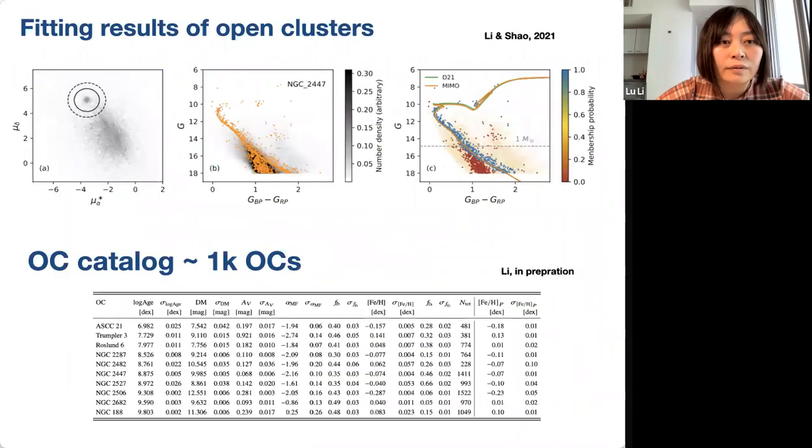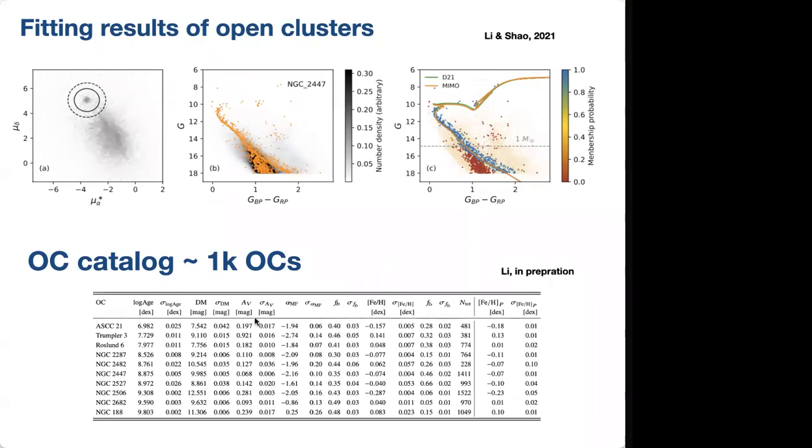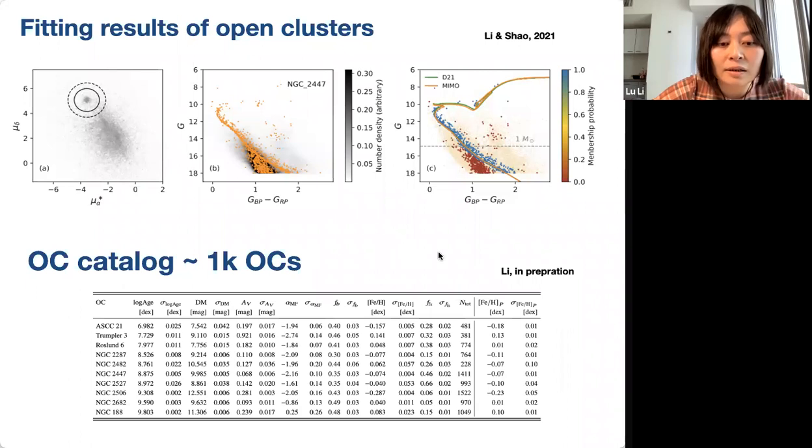So the fitting result of the open cluster is here. The fitting sample, like the orange dots in this figure, has so much field contamination. But using our mixture model method, we can find the isochron very well, and we can also determine the slope of the mass function and the binary fraction simultaneously.